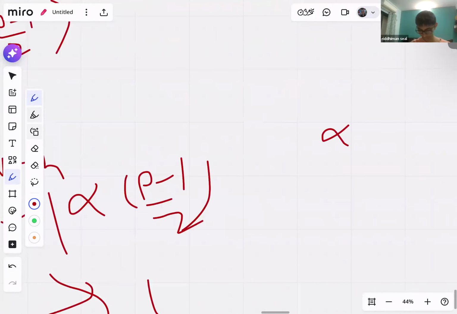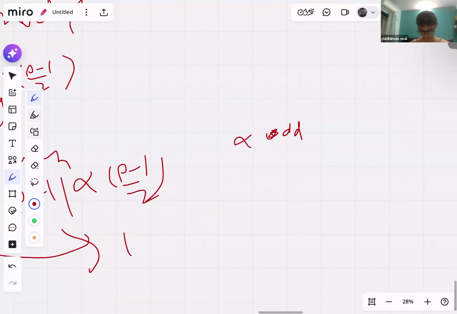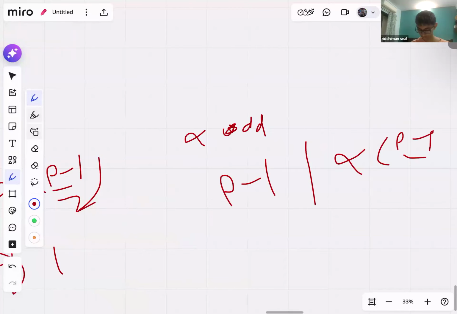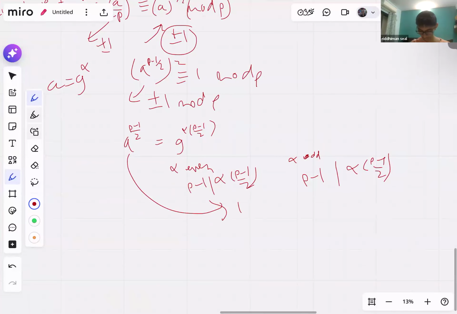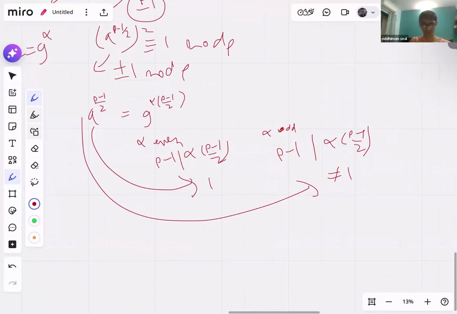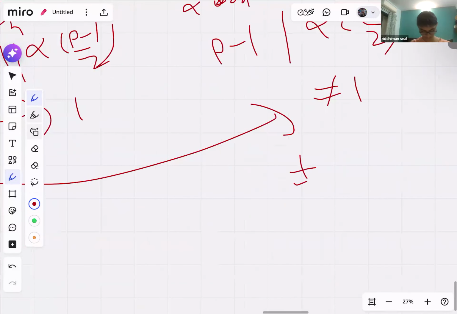And if alpha is odd, then P minus 1 does not divide this quantity. So in this case, A to the power P minus 1 by 2 is not equal to 1. But we know that it is plus or minus 1, right?